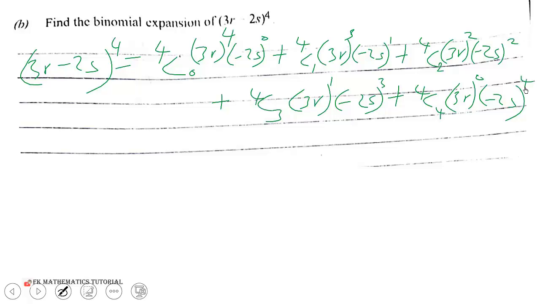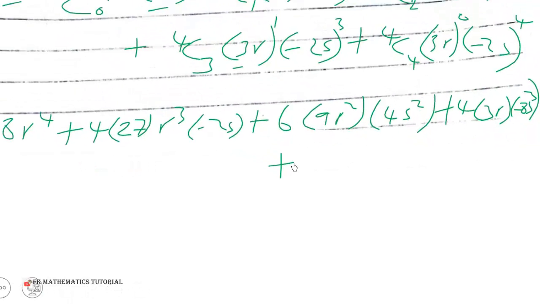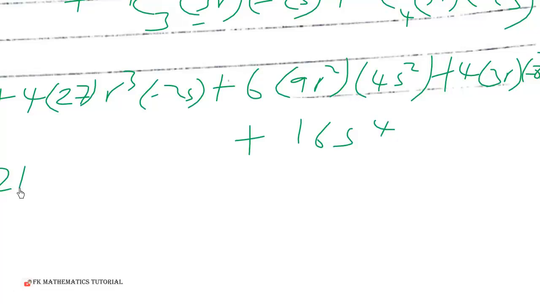So 4 combination 0 is 1. That gives us 1 times 3r exponent 4, and this one also gives us 1. So we get 81r exponent 4, plus 4 combination 4 is 1, which gives us 16s exponent 4. When we simplify everything, 4 times 27 times negative 2 will be negative 216 r cube s.